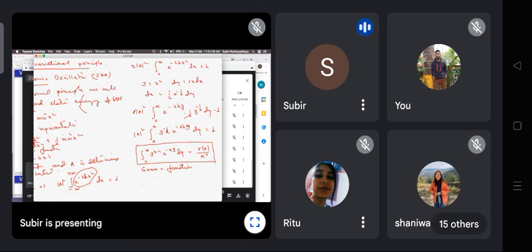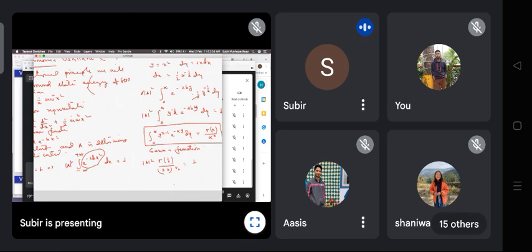If I use this formula, then I can write it as mod a square, and I have to set n equal to half and alpha equal to 2b. That means we will get gamma half times 2b to the power half, and that has to be equal to 1.